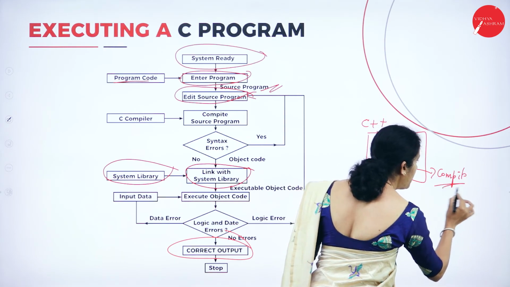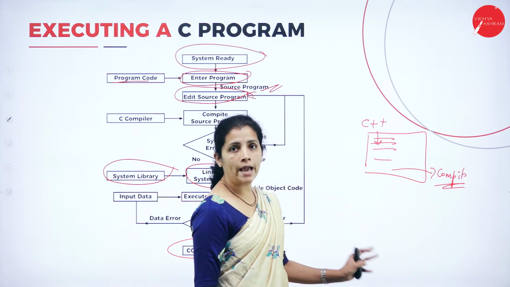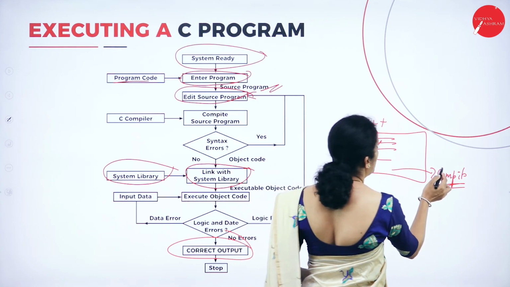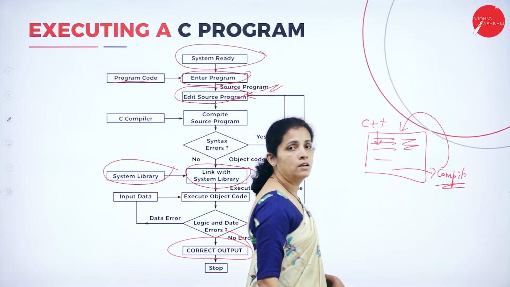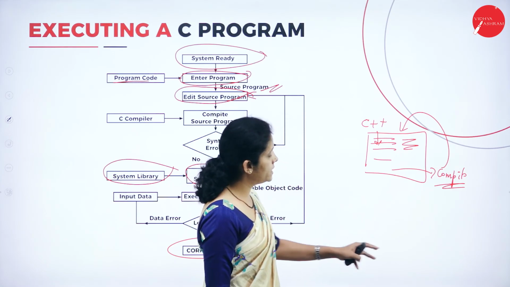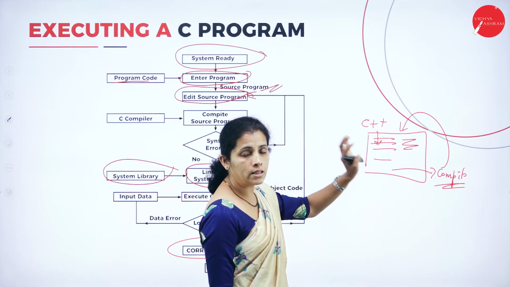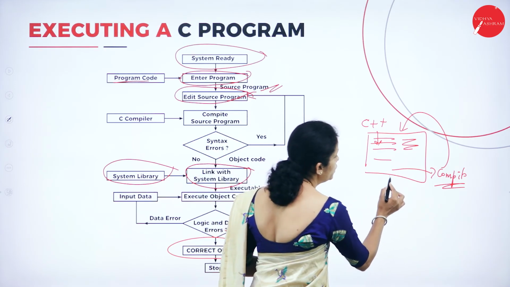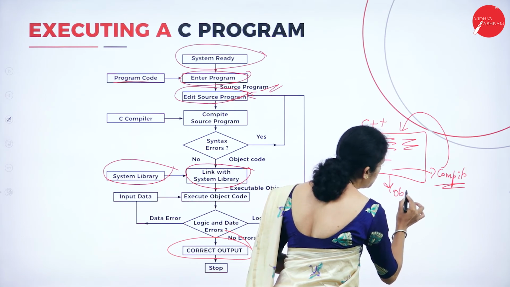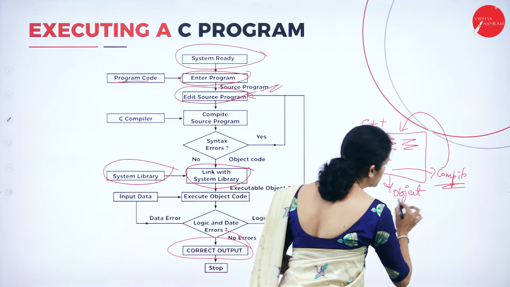While compiling, if I get any error, I want to open the program, do the correction, save the program, and compile it once again. When the program is error free, I'm going to get the object code.